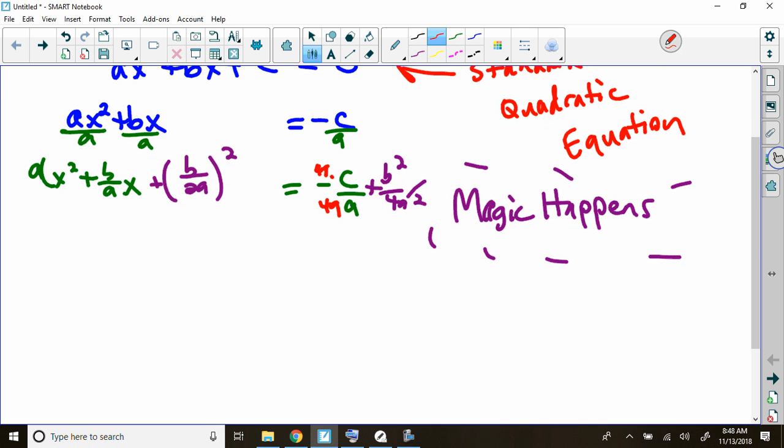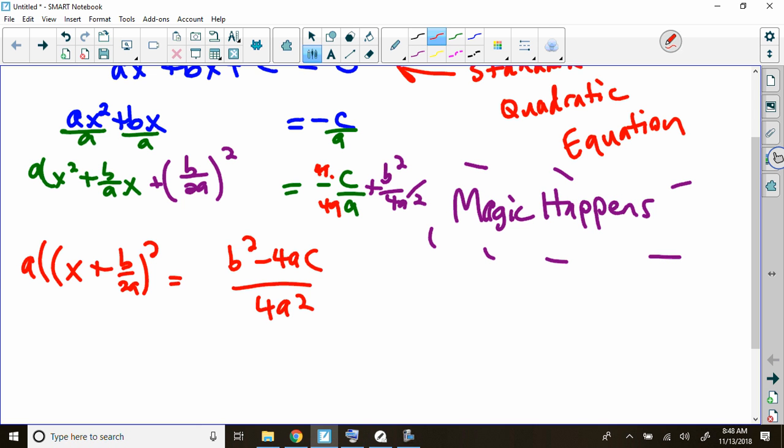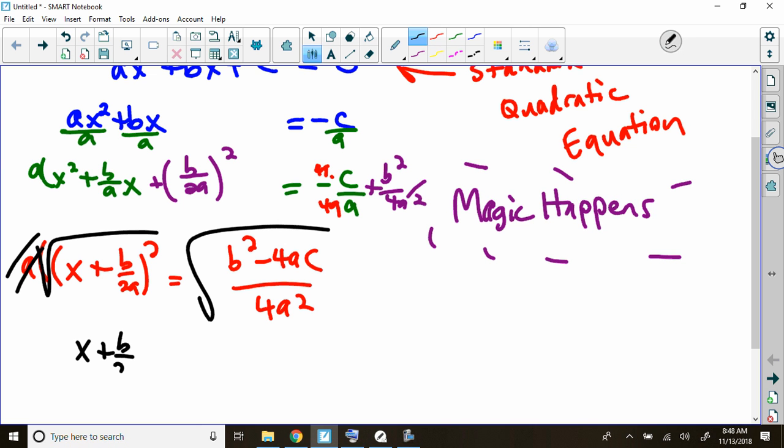And so what I end up with is a times a group of x plus b over 2a squared. That's equal to b squared minus 4ac all over 4a squared. I could disregard the a. I could take the square root of this, and I take the square root of this. So I get x plus b over 2a equals plus or minus the square root of b squared minus 4ac.